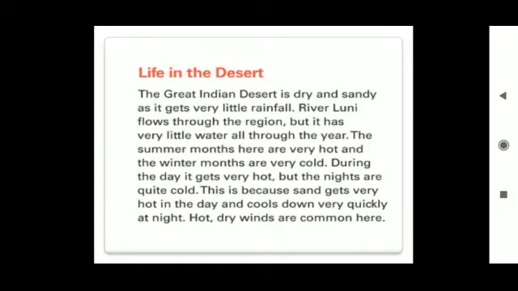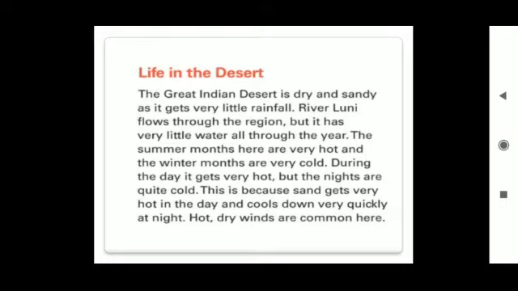The Great Indian Desert is dry and sandy as it gets very little rainfall. The rainfall is very less. Now there is one river Luni which flows through the region, but it has very little water all through the year. The summer months here are very hot and the winter months are very cold.